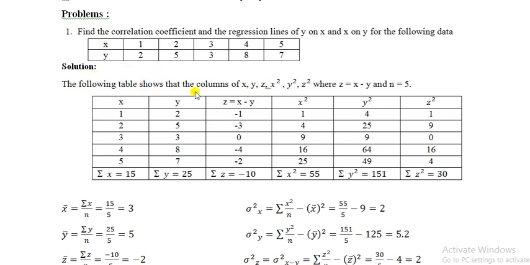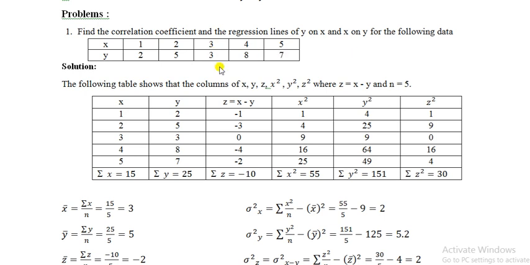The following table shows the columns of x, y, z, x square, y square, z square, where z is equal to x minus y and n is equal to 5. So n equal to 5 denotes the total number of values given in the problem. The first column is x, the second column is y.